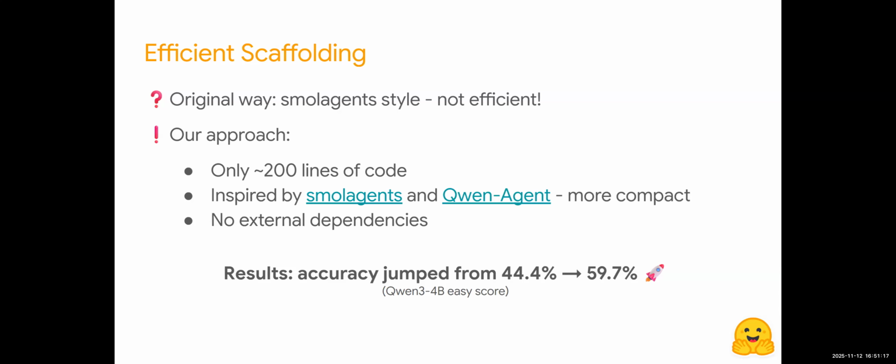We said to the model, okay, here's your task, here's your dataset, you have two tools. You just work with that, do not do anything else. And this gives us a bit better efficiency already from the start. And this is a score on Qwen 3 4B, which is a small open source model. So we definitely saw room for improvement.